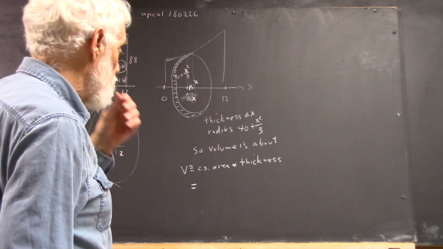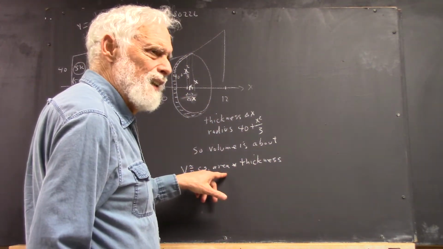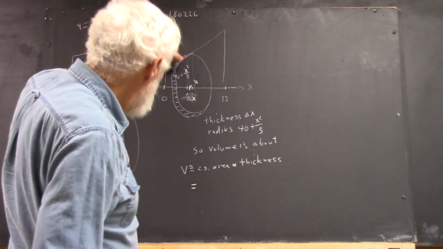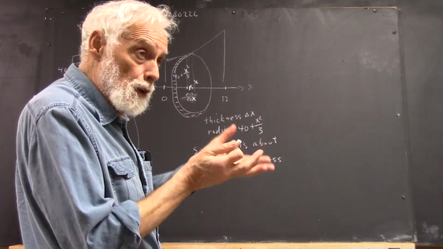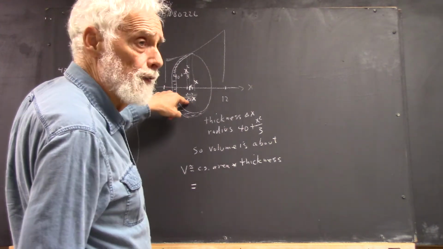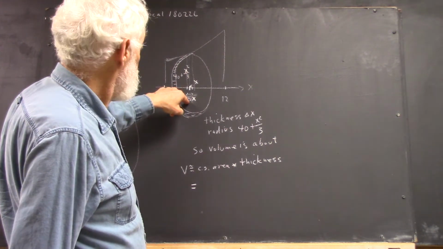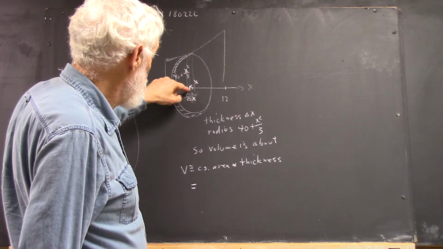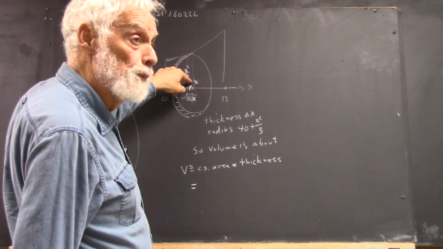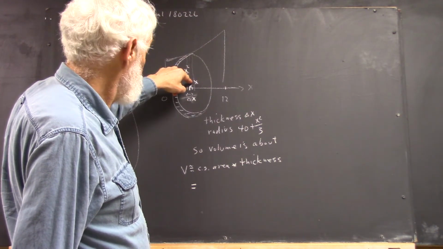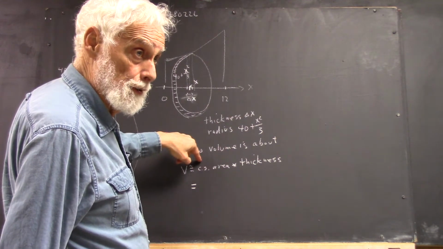Now the cross-sectional area isn't quite uniform. The disk bevels a little bit. It's a little smaller on one side than the other, but we're assuming this is a very small delta x. So whatever x value in between these two endpoints we choose, we're going to use as a basis for finding the cross-sectional area.